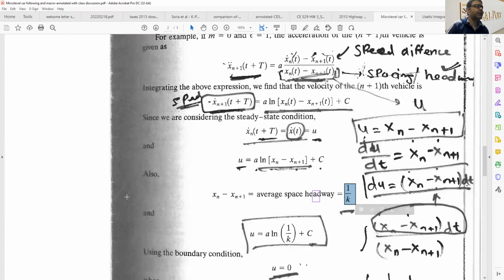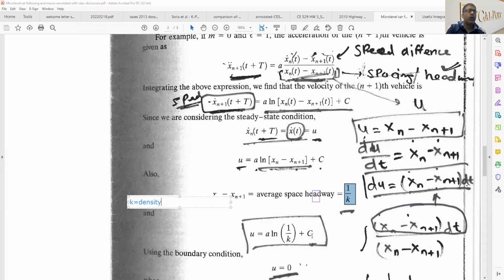So K, I'm representing K as my density of the traffic stream. And we know that density is the reciprocal of the spacing. So that's why I'm able to replace that. So I can get U equal to A times ln 1 over K plus C.